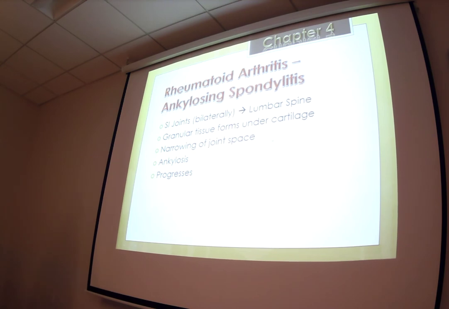That leads to the narrowing of the joint space, where that cartilage inside the SI joint starts to harden, and then eventually causes fusion of the pelvis, the iliac, to the sacrum. Then it progresses up into the lumbar spine, where the vertebrae then fuse together, causing what we've known as bamboo spine.